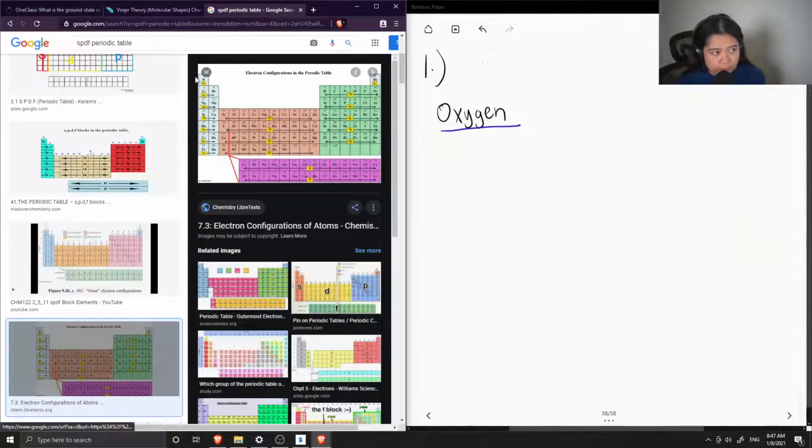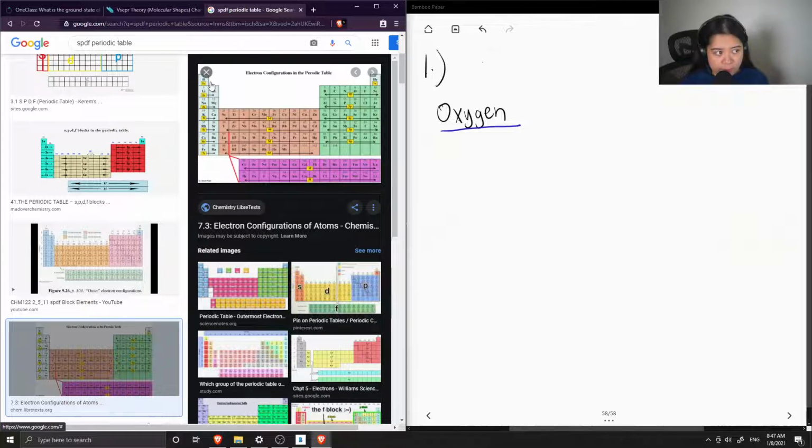For example, the S block is the left two columns here. The P block is this whole green rectangle, and the D block are the middle transition metals, and the F block are the last two rows, which are the lanthanides and actinides.